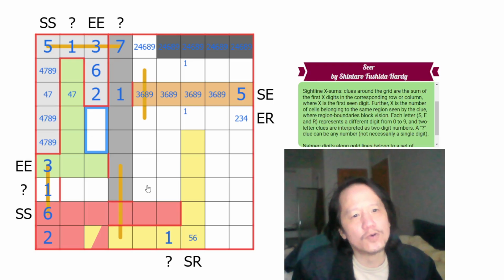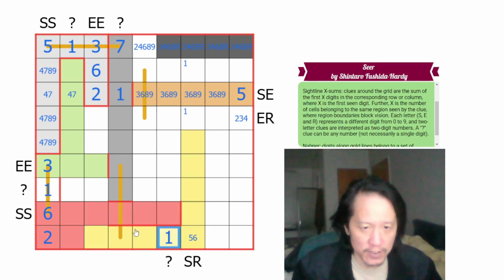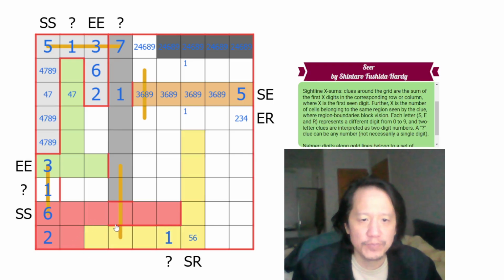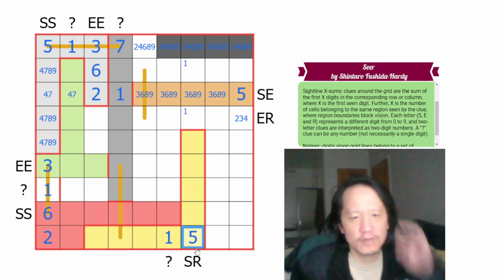So therefore, we require then the extra cell that this has in this region. So this can never be red. So this has to be yellow, which means this is the entire region for yellow. So it has to be here, which means this has to be here, which means this must be a 5.